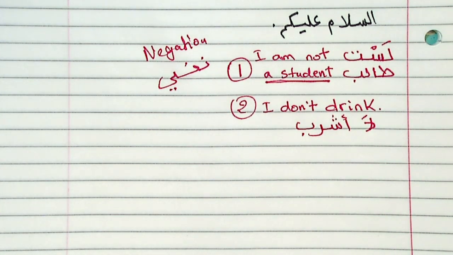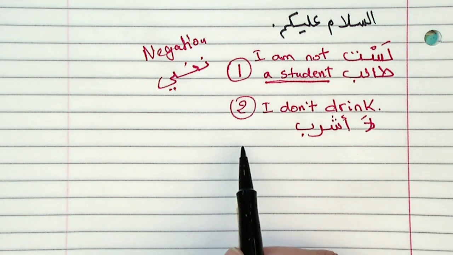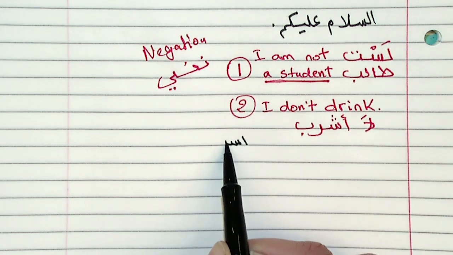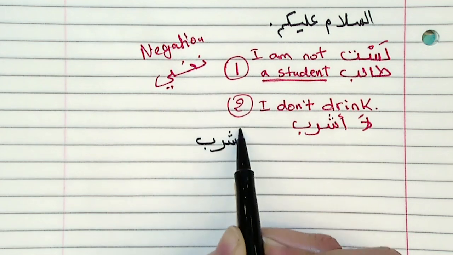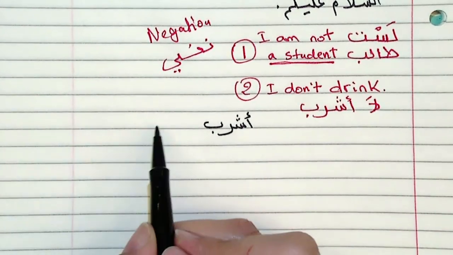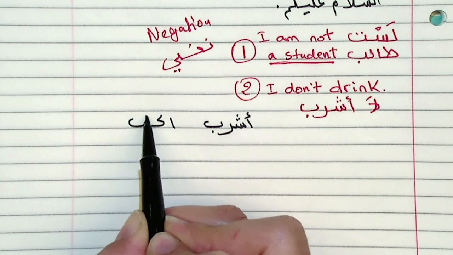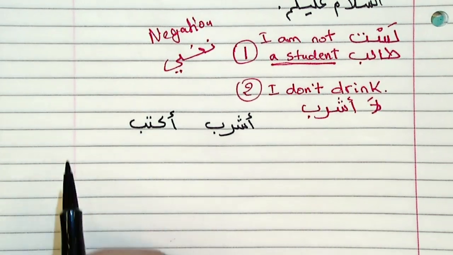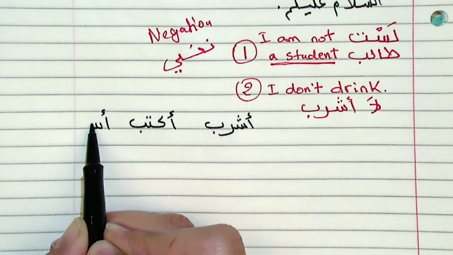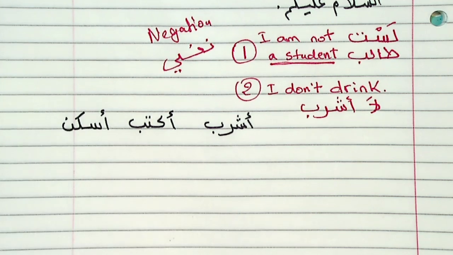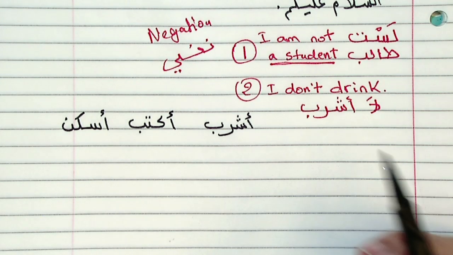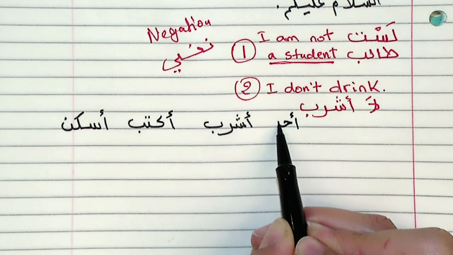To give you more examples: for example, we say I drink is ashrab, or aktub, I write, or askun, I live, or uhib, I love.